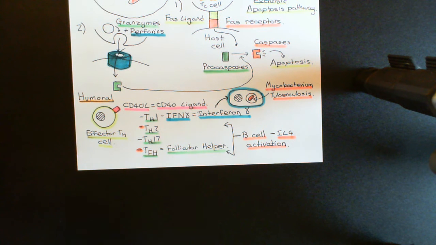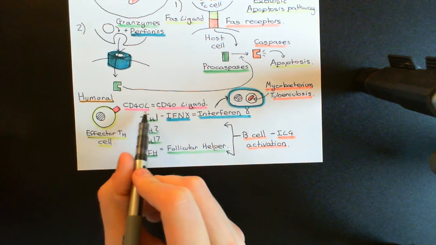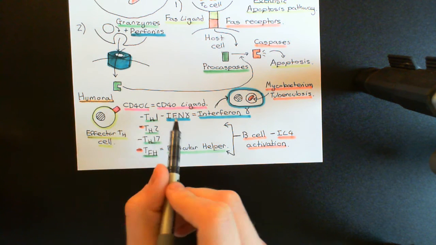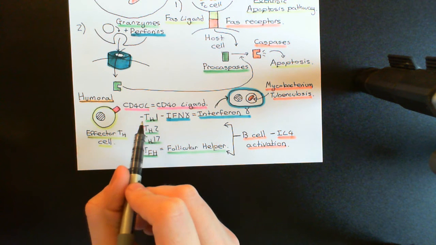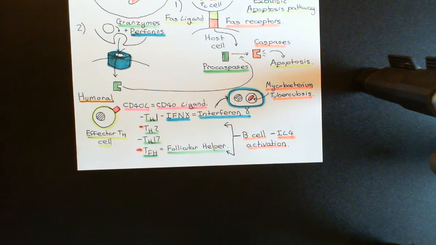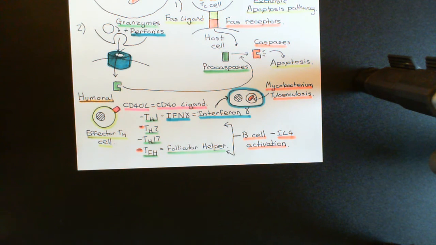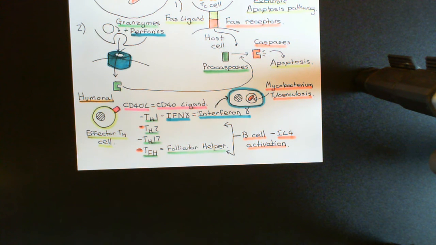Once the adaptive immune system has been turned on and you've produced lots of T helper 1 cells, you will end up having a T helper 1 preponderance, i.e. you'll produce lots of T helper 1 cells as your effector helper T cells, if the pathogen is resisting phagocytosis.